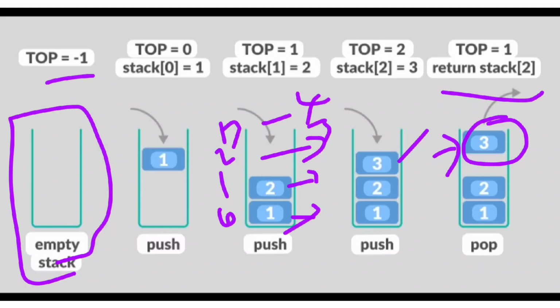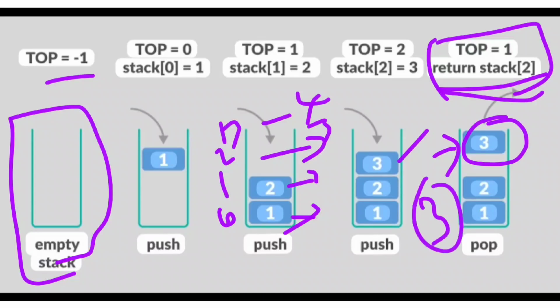So if I give this algorithm or program in my coding, the memory automatically fetches the data from stack 2 and produces the value 3 to the user. Like this we are going to store all the information in our database. So this is the stack concept. Push means we insert the values from bottom to top.